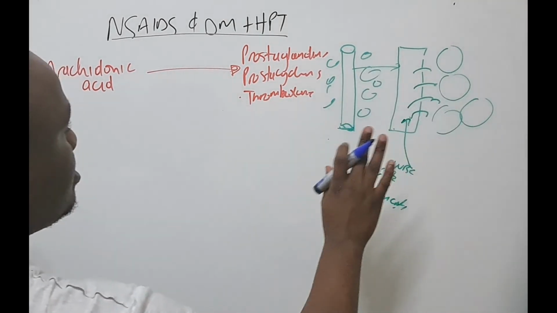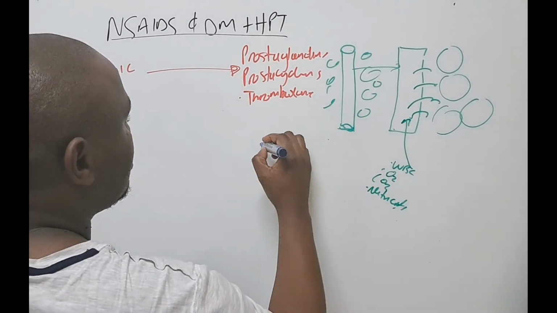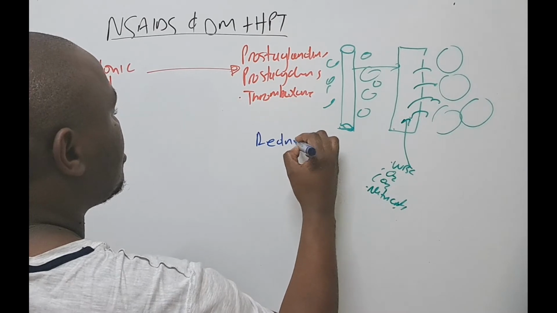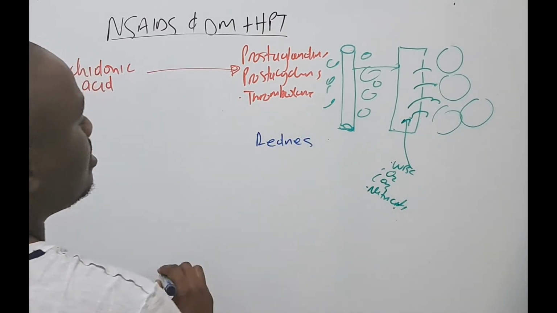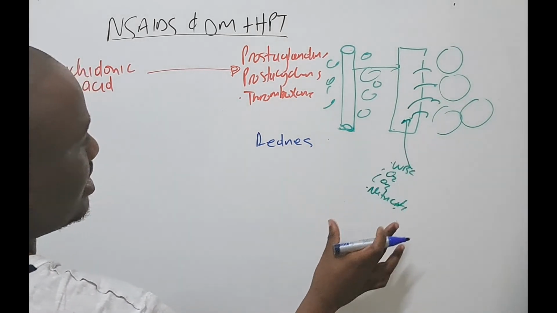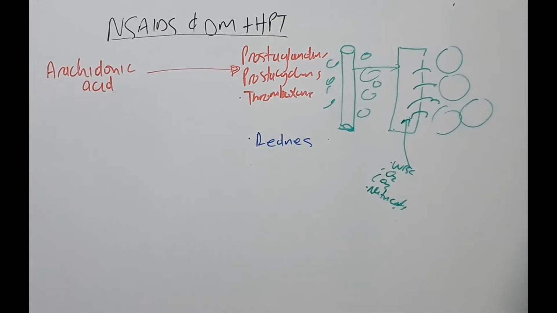When this has happened because of these guys, you're going to get redness there, called erythema. The redness is because of the vasodilation that occurs here. That's why you get redness.